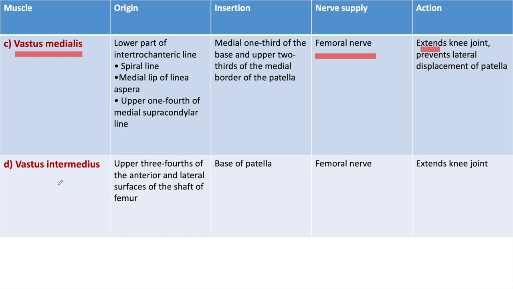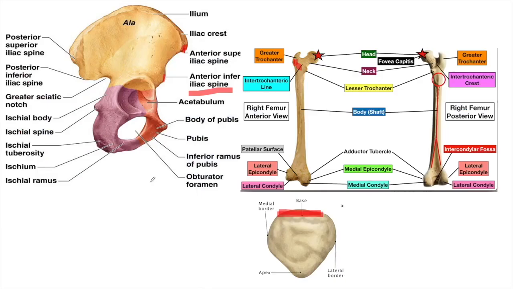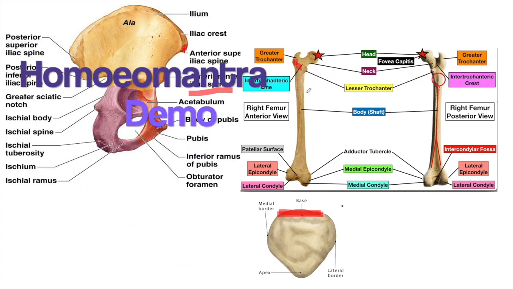Next is vastus intermedius. Origin: upper 3/4 of the anterior and lateral surface of the shaft of the femur. This is the femur.